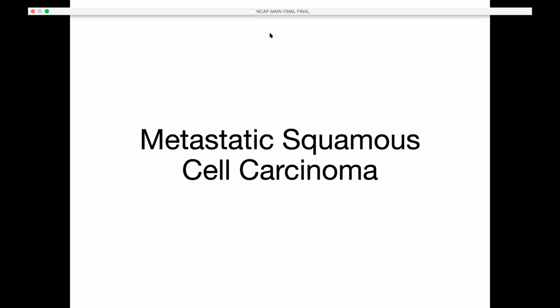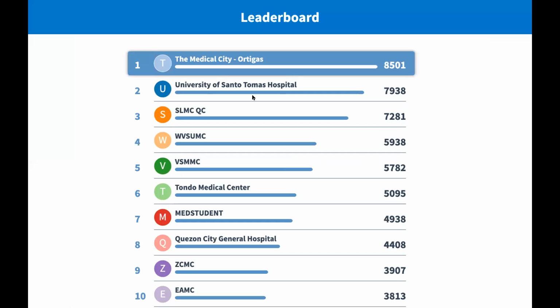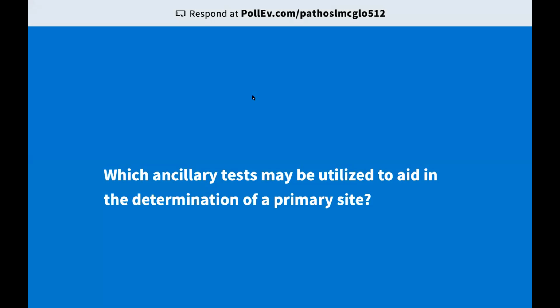So let's get ready for another question. Okay. Which ancillary tests may be utilized to aid in the determination of a primary site?